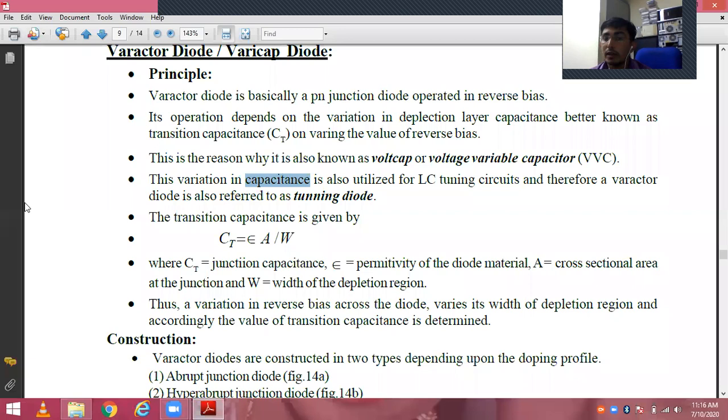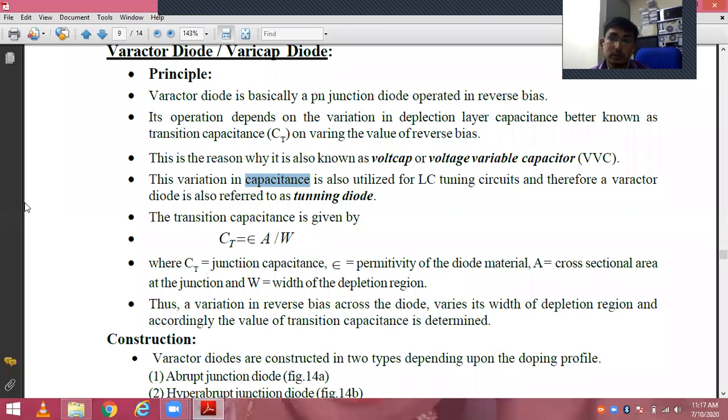That's why it is called a volt cap or voltage variable capacitor. Variable capacitances are mainly used in tuning circuits, so the Varactor diode is also known as a tuning diode.